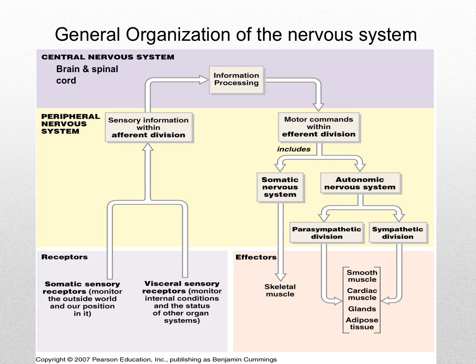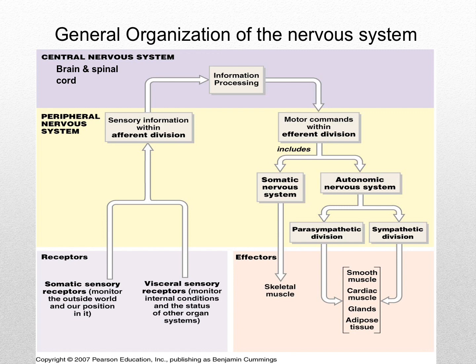Okay, so the general organization of the nervous system. We said there were two divisions of the nervous system, so now we're looking at it in a more subdivided way. So look at this diagram. You see that we have the central nervous system on top and the peripheral nervous system towards the bottom, but we see a lot of subdivisions. We also see some arrows. We see the arrows are starting on the left-hand side on the bottom.